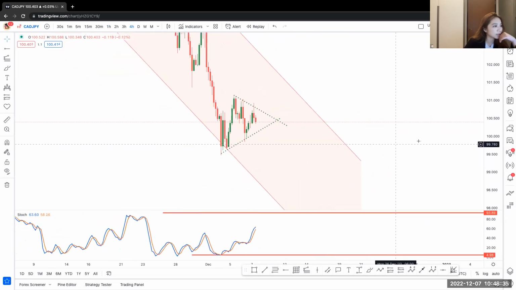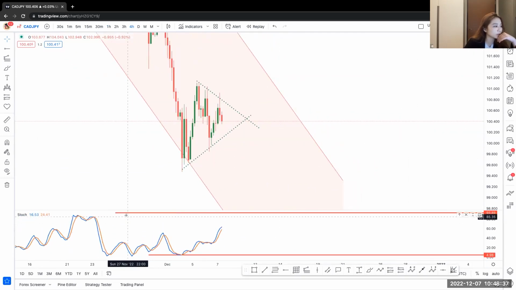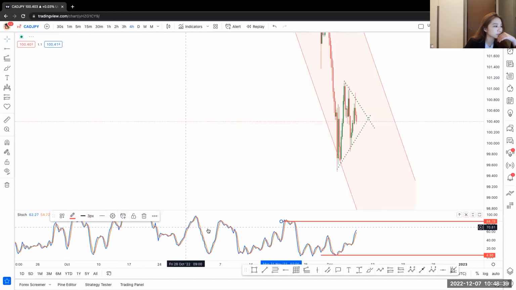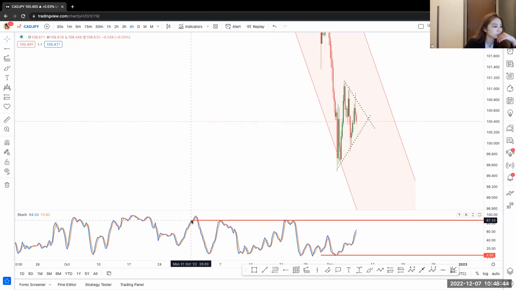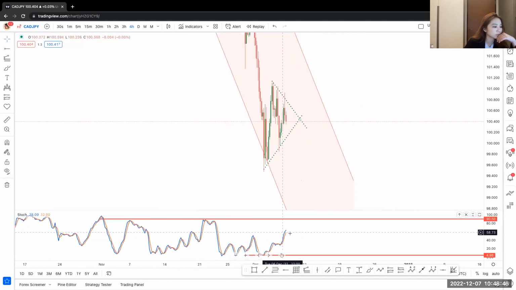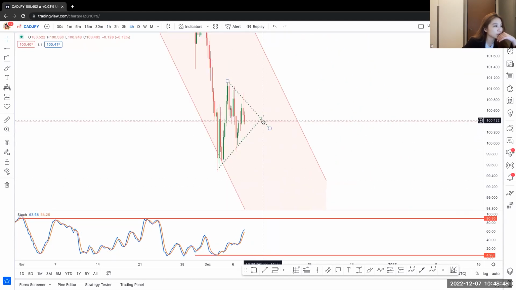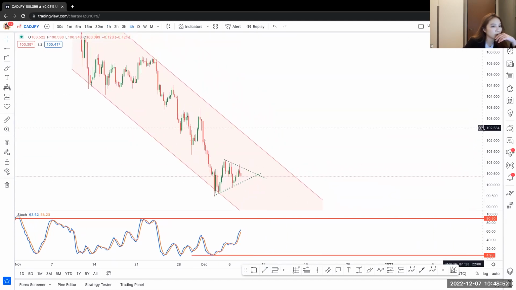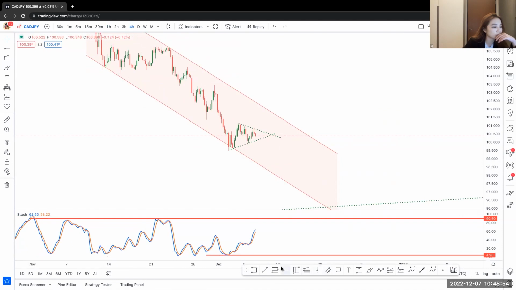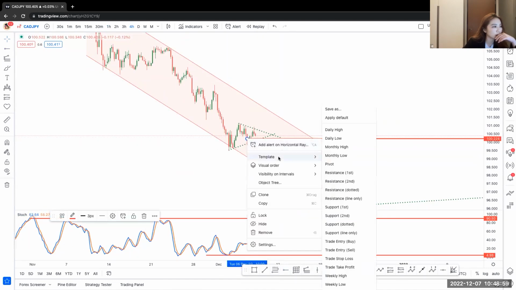On H4, you can clearly see that price has not reached its full potential in terms of resistance. Still trying to climb upwards. I'll say for the short time being, it will be pretty hard. However, if you're looking at a longer time period, there is a chance of bouncing up.